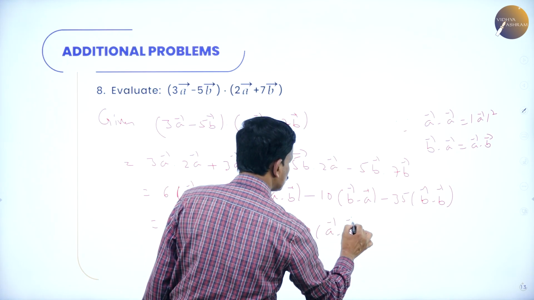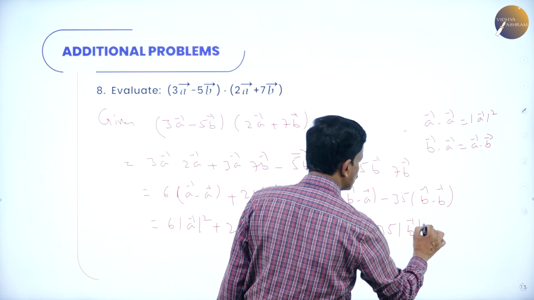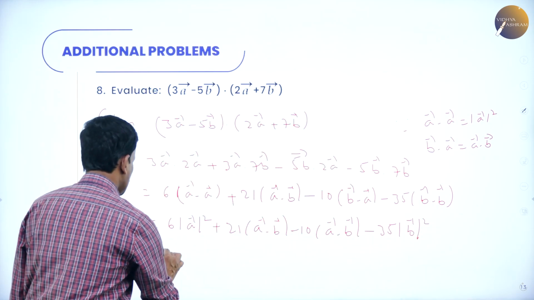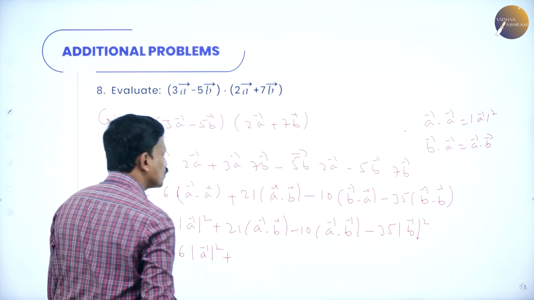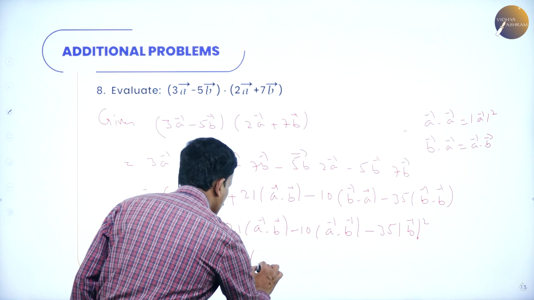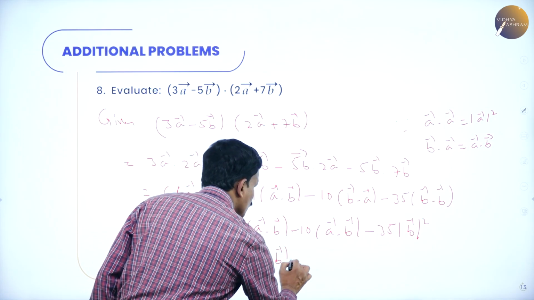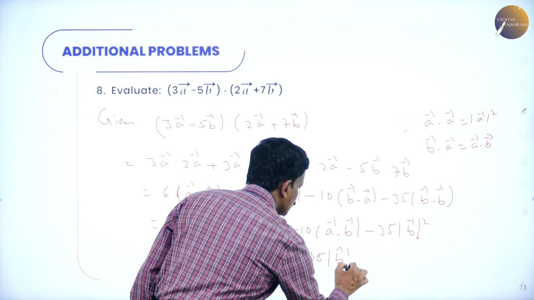This is minus 35 times b dot b, and b dot b is length of b square. So this can be written as 6 times length of vector a square, 21 minus 10 is plus 11 times a dot b, minus 35 times length of vector b square.